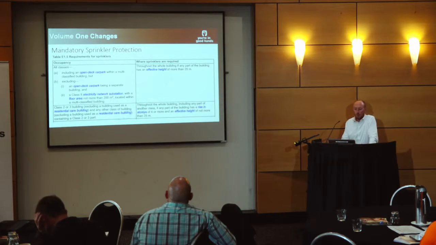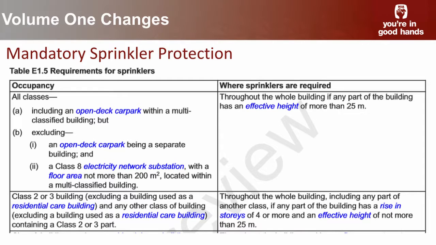So how does this get called up? Under Table E1.5 in the code, the common one was where a building has an effective height of greater than 25 metres, you'd require sprinkler protection for all classes of building. It now also applies to Class 2 and 3 buildings with a rising storey of 4 or more, including those less than 25 metres.